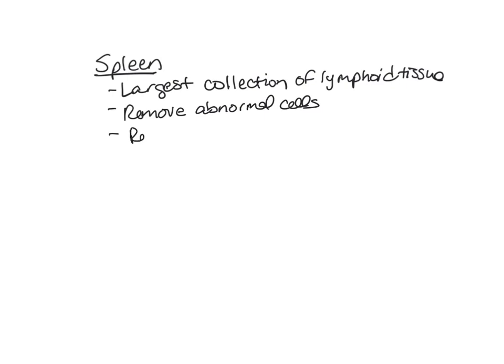It also removes blood components. So when red blood cells and white blood cells are being recycled, then the spleen will remove them from circulation. It's going to do this because it contains cells that will phagocytize those abnormal cells and those blood components.